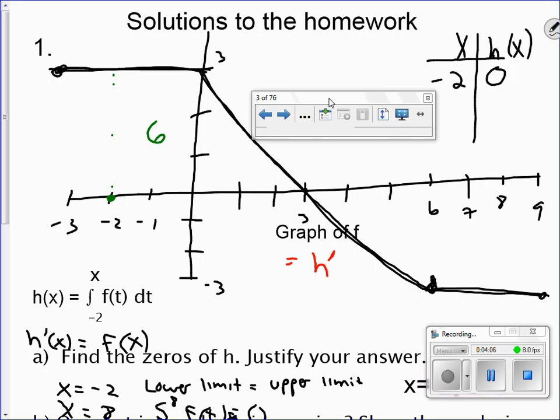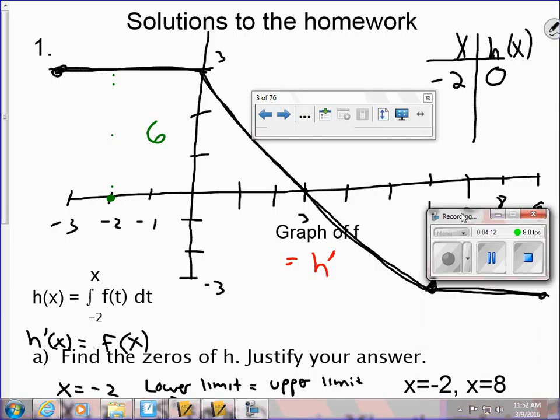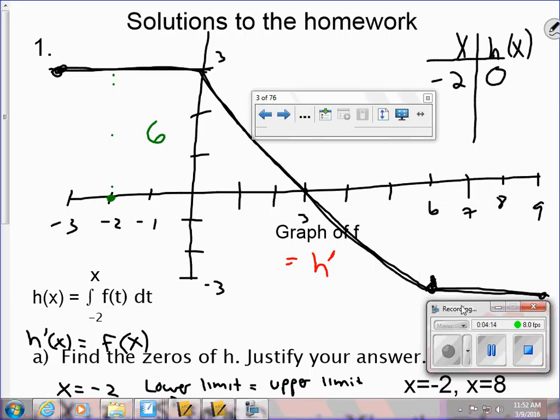And what's the first thing you do in a problem like this? Oh, you could find where it's 0, but you always have to, when you're given an accumulation function, take the derivative, so that you realize that what you're looking at is just h prime. Okay, so you're looking at the derivative of a function, and let's go through the answers.